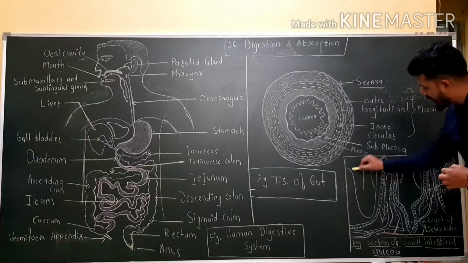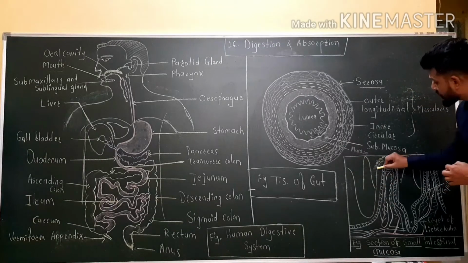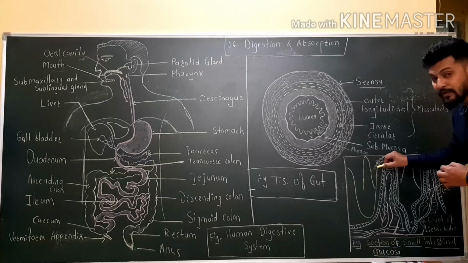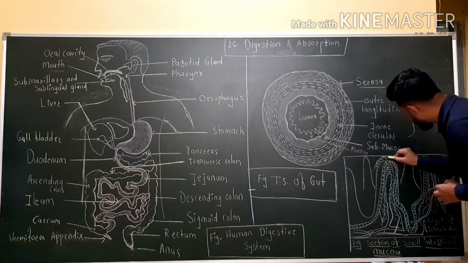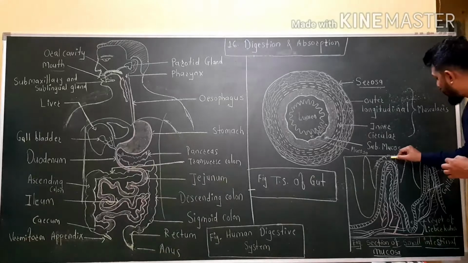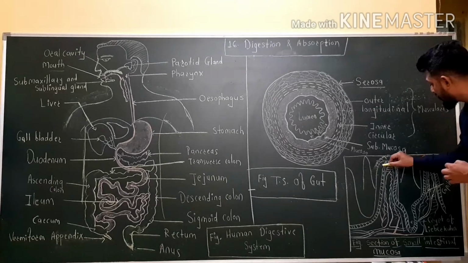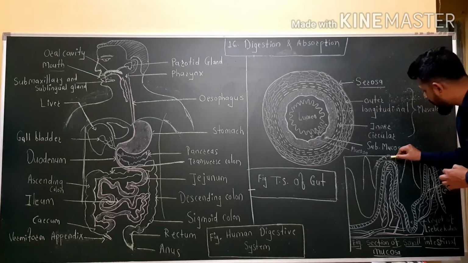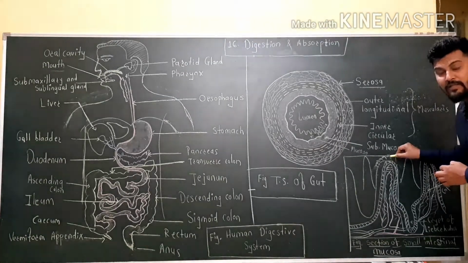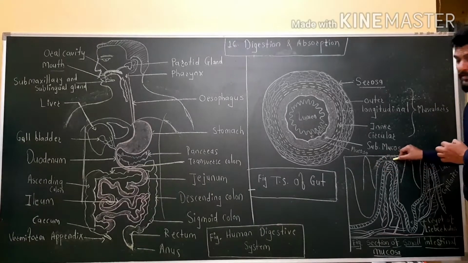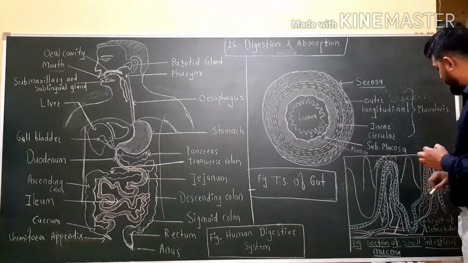These intestinal villi are lined by simple columnar epithelial cells. The simple columnar epithelial cells also have numerous microscopic projections. These numerous microscopic projections give a brush border like appearance to the villi. So these are called the microvilli. These microvilli in the villi increase the surface area for the absorption of food substances in the small intestine.